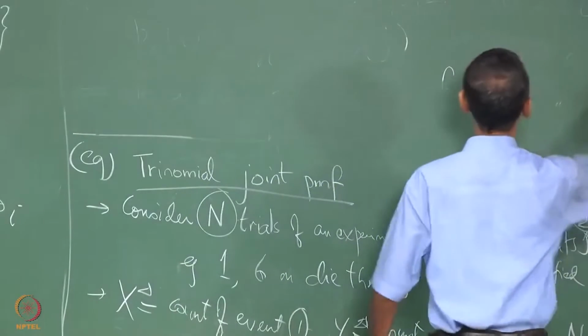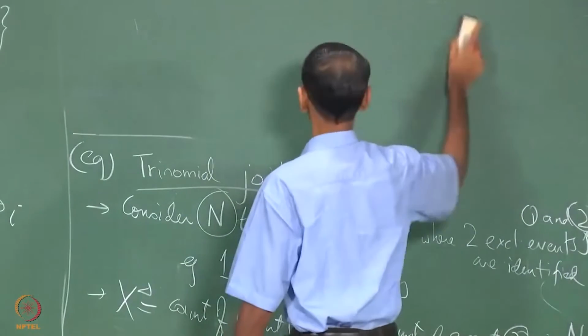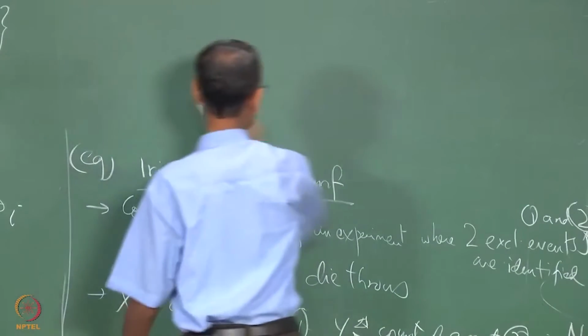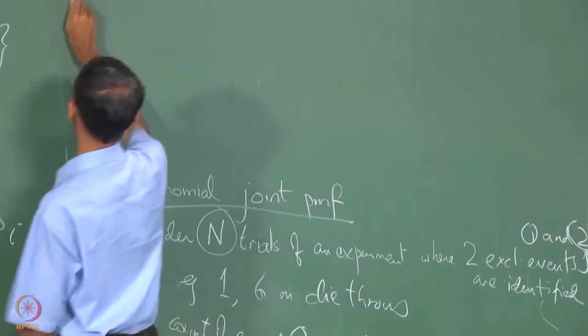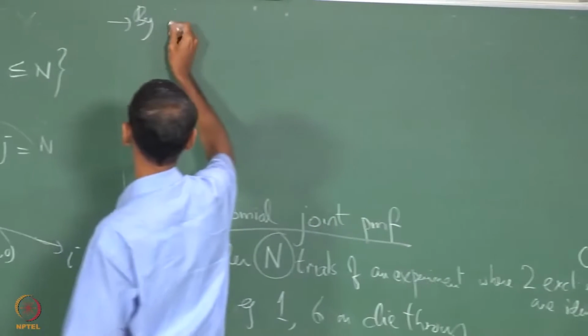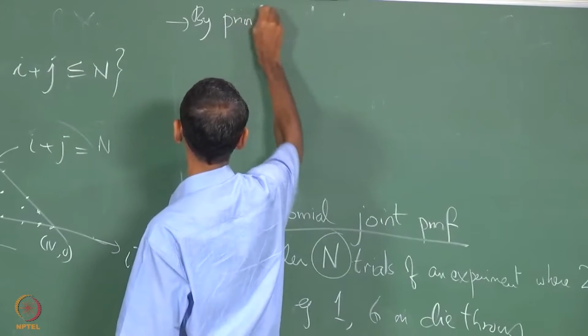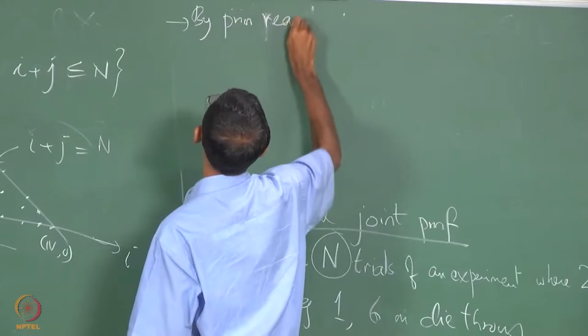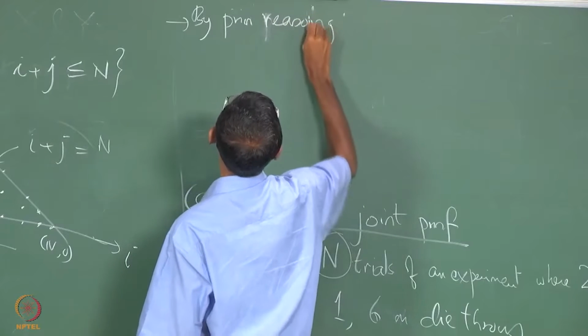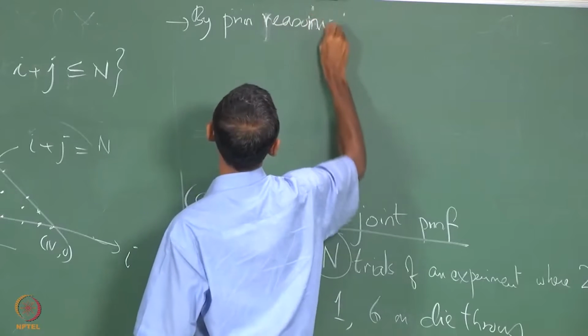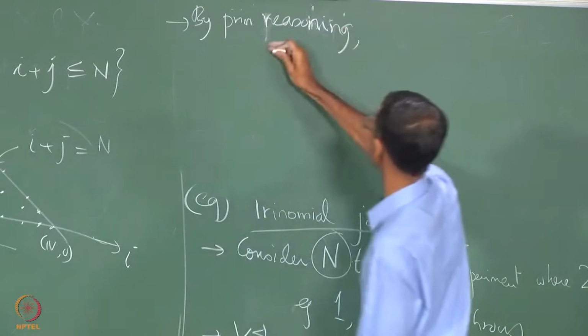Okay. Now we have already said that the marginal PMFs, by elementary reasoning or prior reasoning, whatever you want to call it, we have said, what have we said?